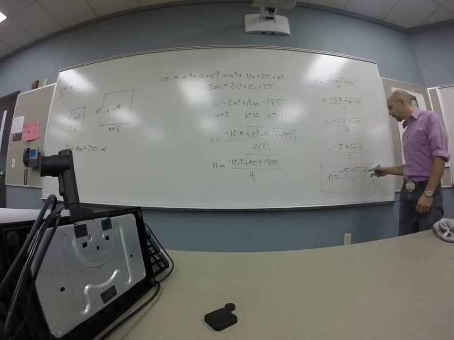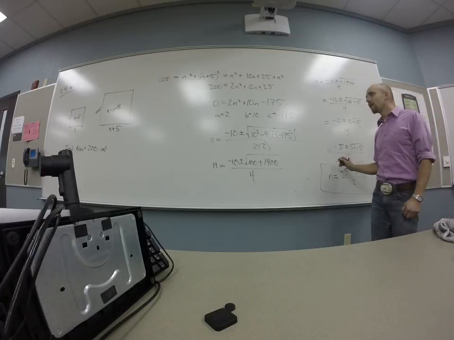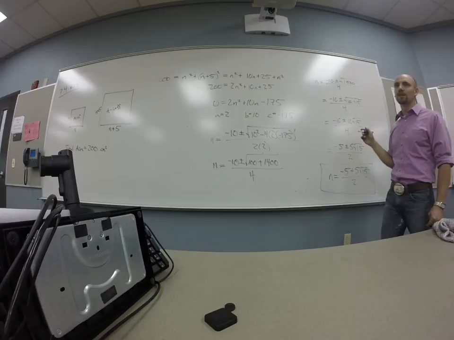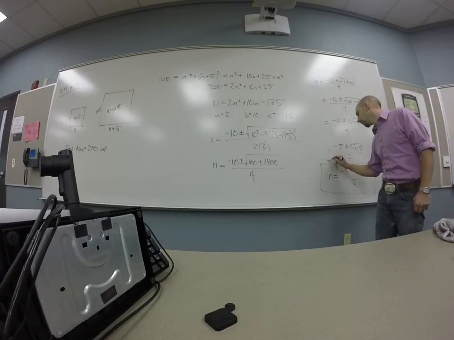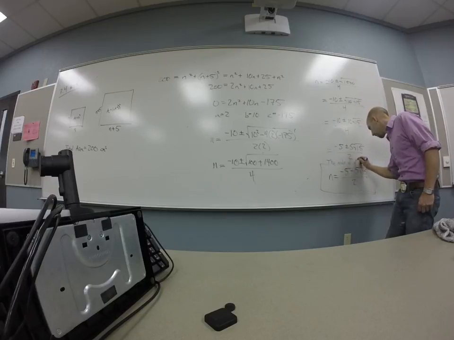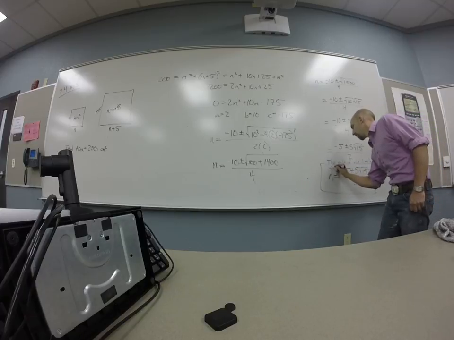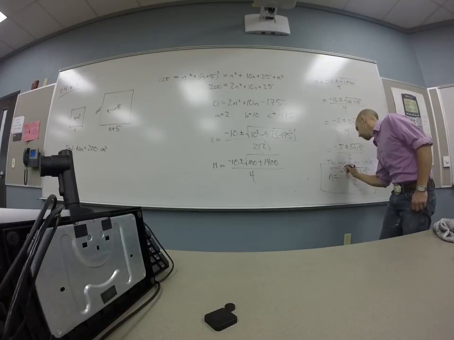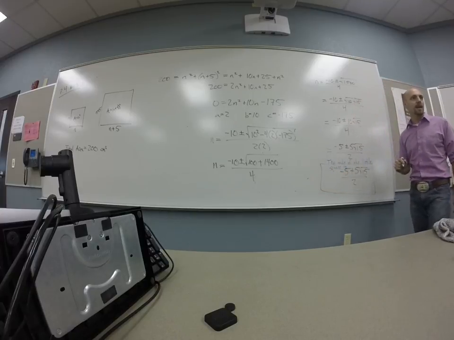What should the sentence read? So the question was, what was the side length of the little square? So the side of the little square is, and then I don't need n, right? Because I made the n.